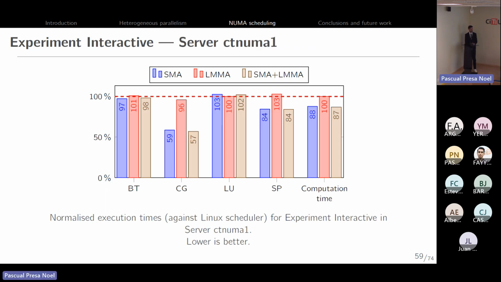Here are the results in CiTIUS 1, and we can see that again we improve execution times consistently against the default Linux scheduler, and for some particular task we can improve the execution times by 43% and 13% at the end of the experiment.